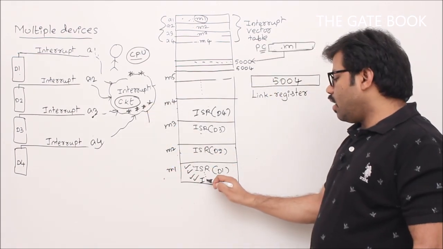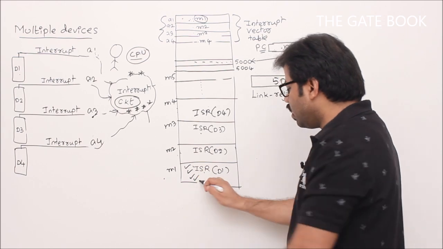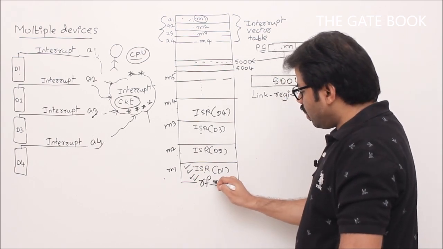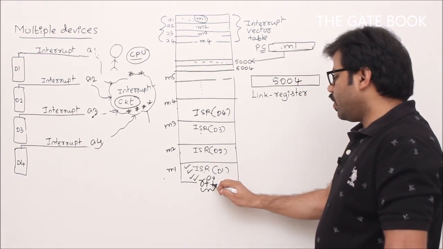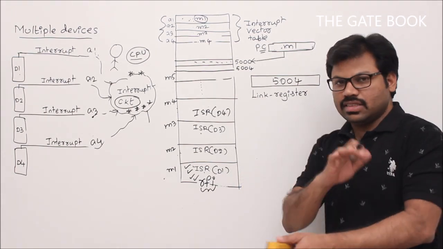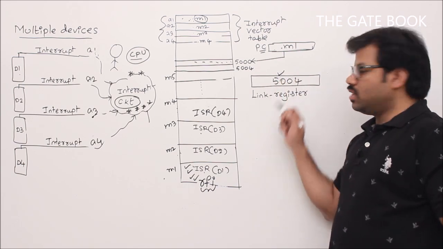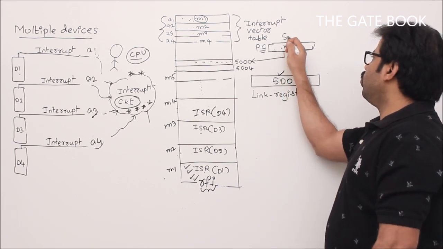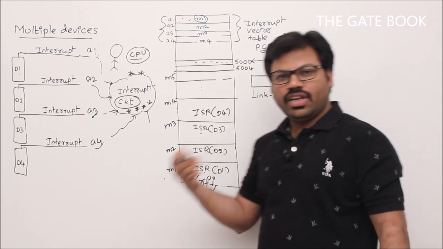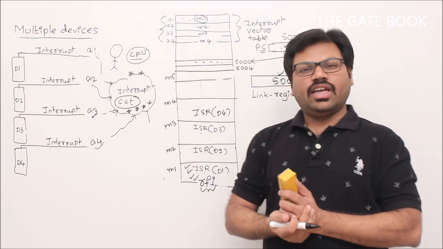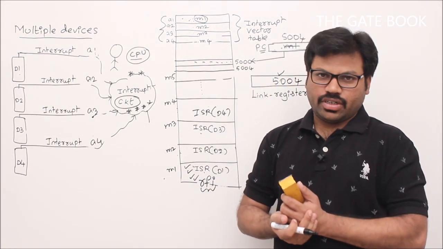What is that? Return from interrupt, correct? Assume that there is an instruction called return from interrupt, and when you execute it, that instruction is designed in such a way that it blindly goes to this link register. Since it is 5004, that will be moved here and we will come back to the routine, right? So this is the way interrupts are executed.